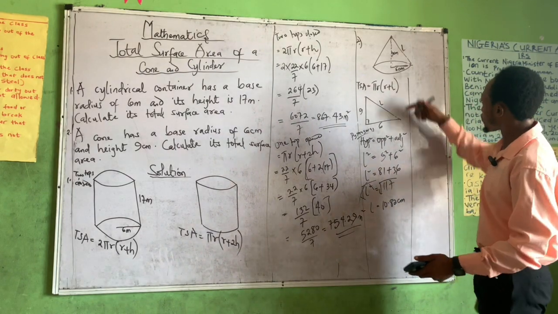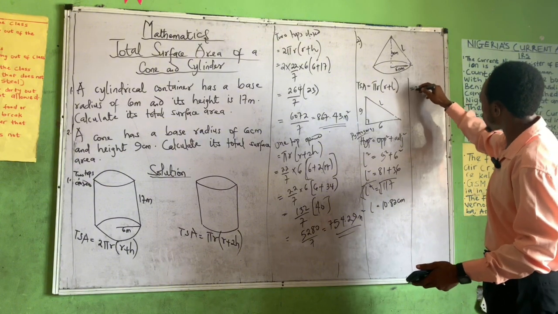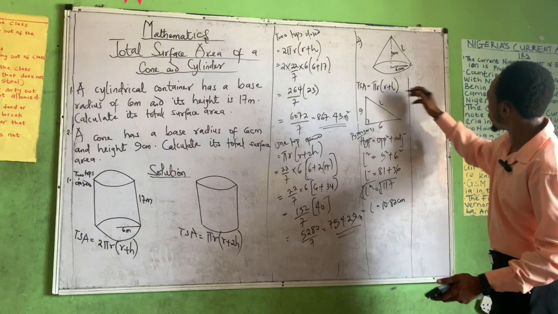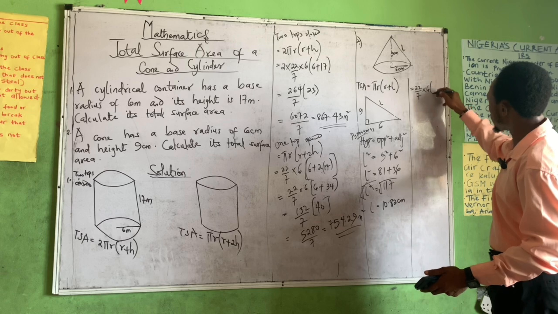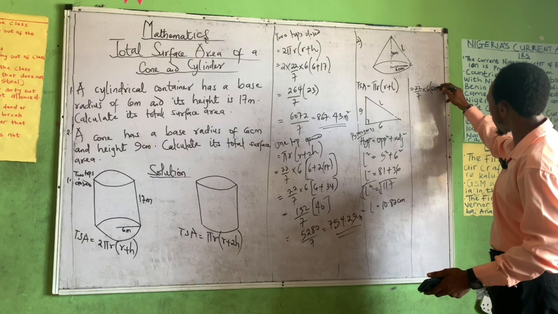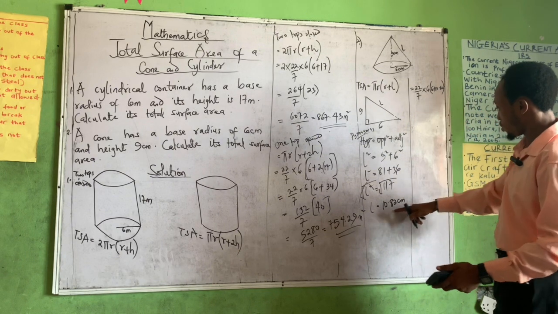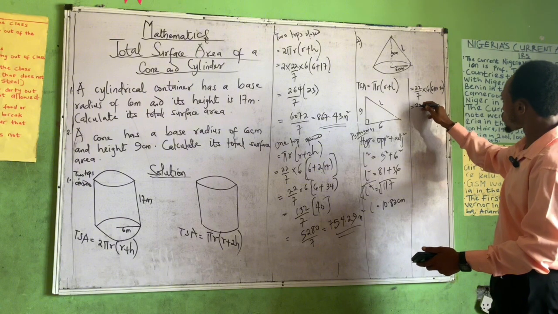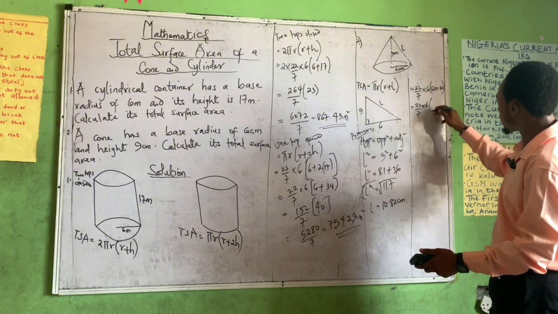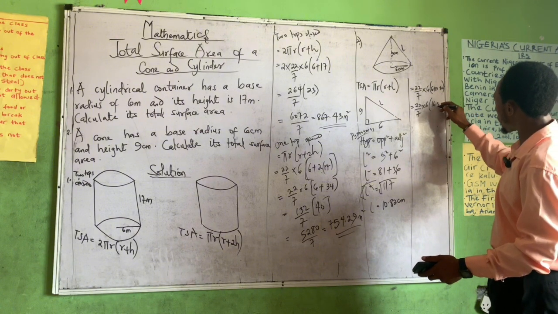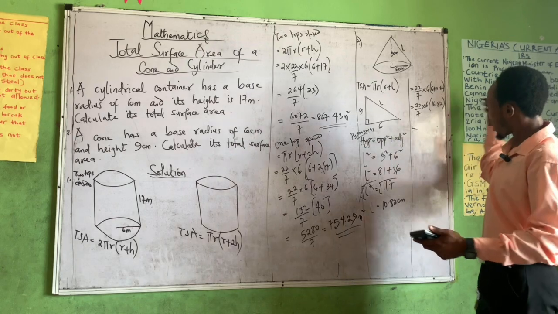So now we have gotten this. We can now substitute: 22/7 times radius 6, times 6 plus 10.82, which is 16.82 here. So we can now multiply everything.